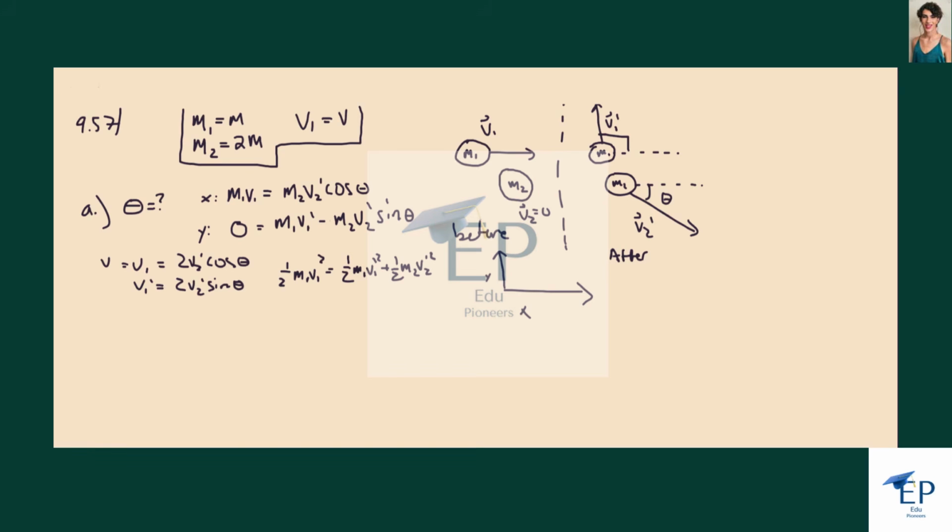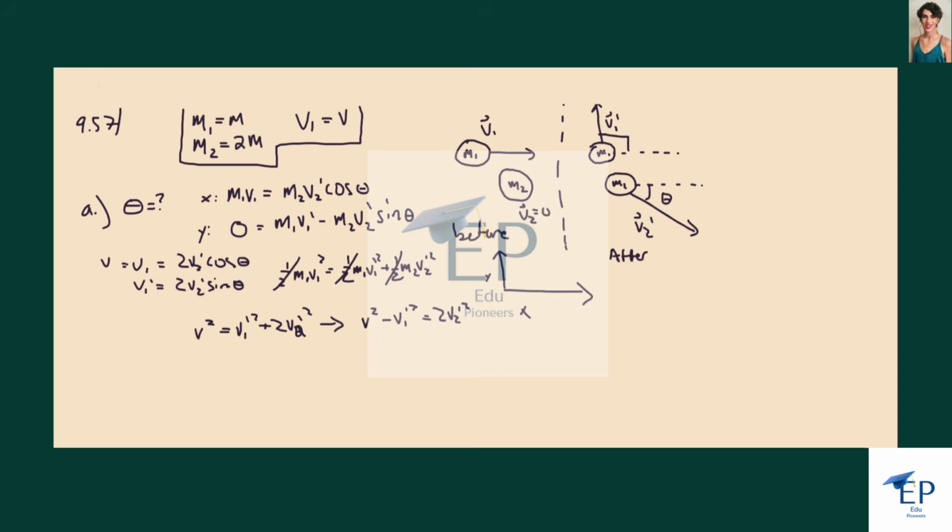If we plug in our mass relations here, we can cancel out these halves and simplify this such that v squared equals v1 prime squared plus 2 v2 prime squared. Or we could rewrite this as v squared minus v1 prime squared equals 2 v2 prime squared. Okay? So now that we have these, how do we go about getting this?